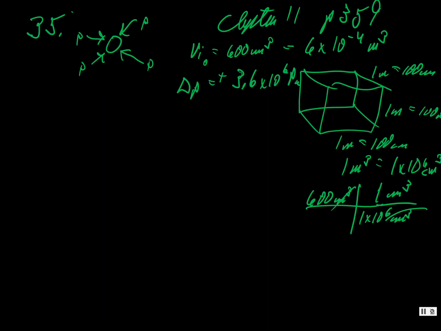So how do we write that? Well, we have a change in volume of negative 0.45 centimeters cubed, which is going to be what? Well, you convert that to meters, and it comes out to be a negative 4.7. Ah, shoot, not 4.7, 4.5. I don't know where I got the 7.